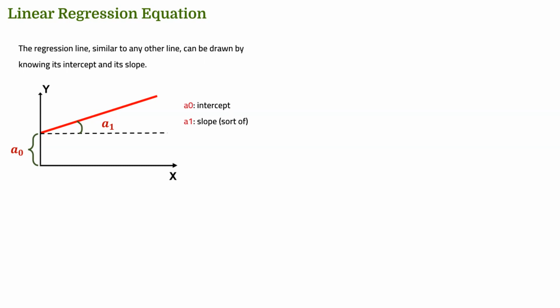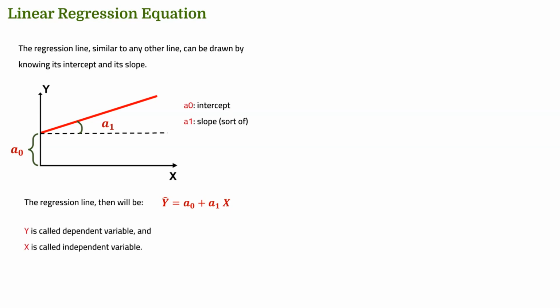You find the intercept, and with that slope, you go up. The regression line will be y hat equal to A0 plus A1x. And y is called dependent variable, and x is called independent variable. And in the regression equation, we use y hat instead of y because it's approximation of y.